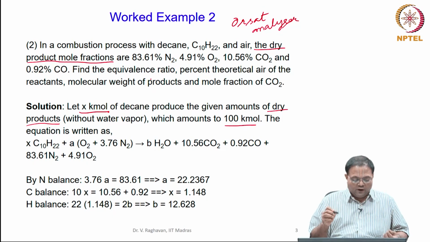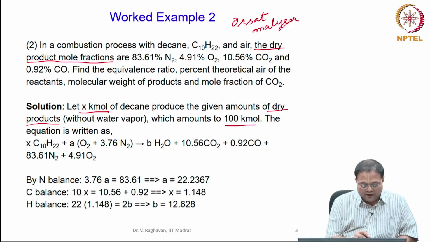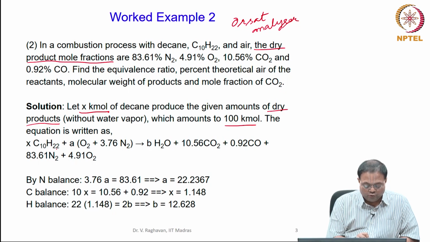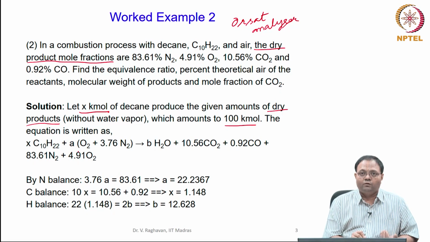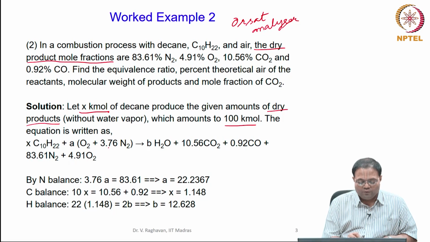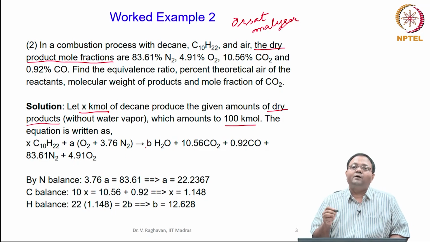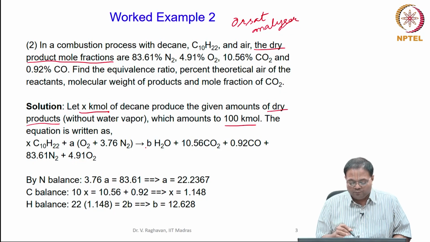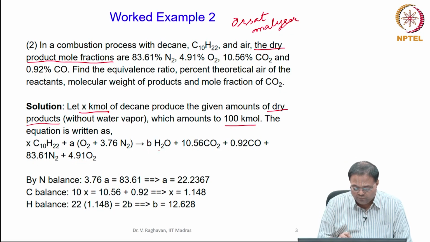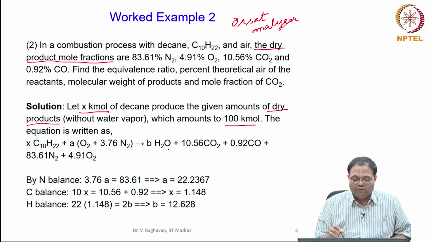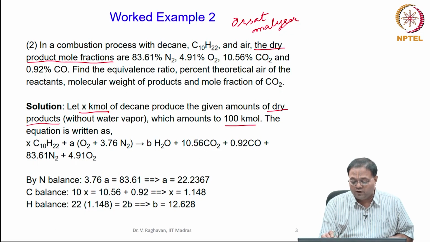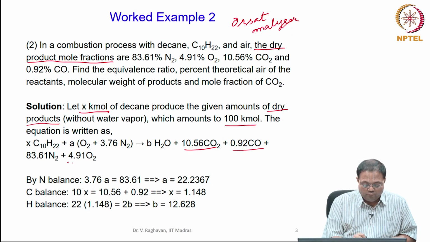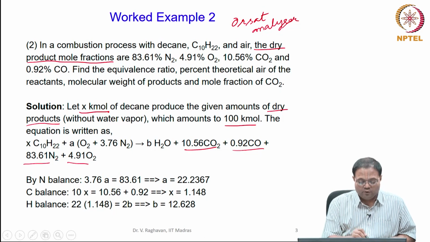Then I can write the chemical equation as x moles of C10H22 plus A times the air, O2 plus 3.76 N2, giving B kilomoles of H2O, because only the dry-basis composition is known for the other products. So, B kilomoles of H2O is formed along with 10.56 kilomoles of CO2, 0.92 kilomoles of CO, 4.91 kilomoles of O2 and 83.61 kilomoles of N2.